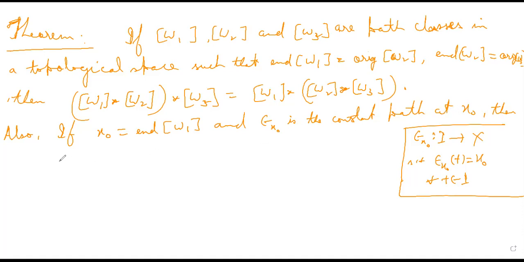Then epsilon x naught, its class, the product of this and this is this class.